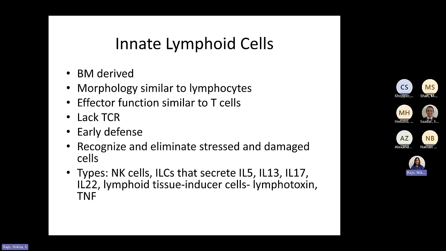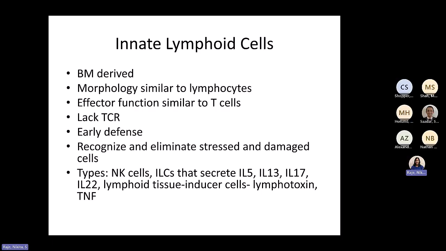ILCs, innate lymphoid cells, these are bone marrow derived, and their morphology is similar to lymphocytes, and the effector function is similar to T cells, but they lack the T cell receptor on their surface. They are called innate lymphoid cells, or ILCs. They are part of the innate immune system, and they provide early defense before the adaptive immune system is activated.